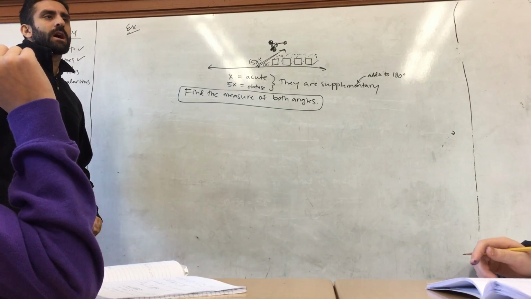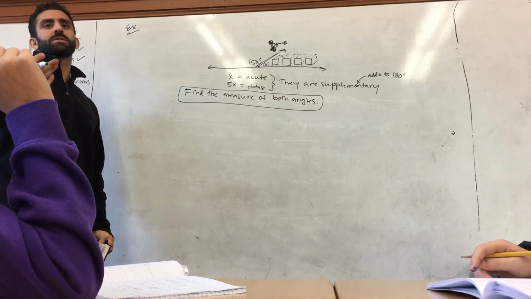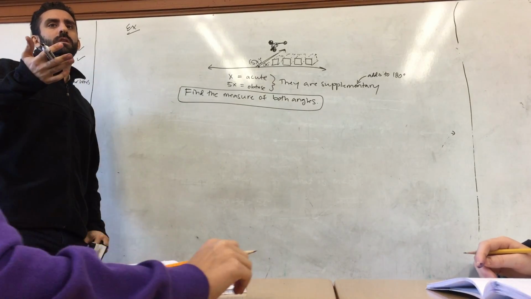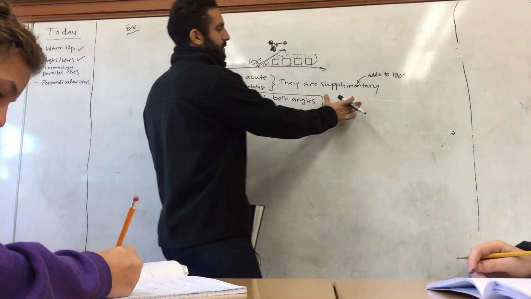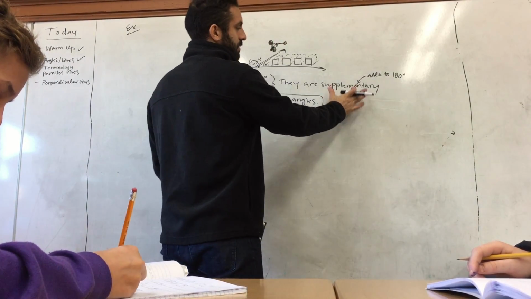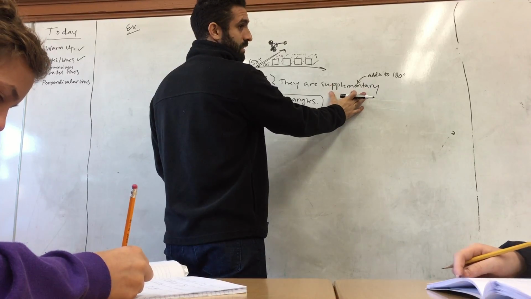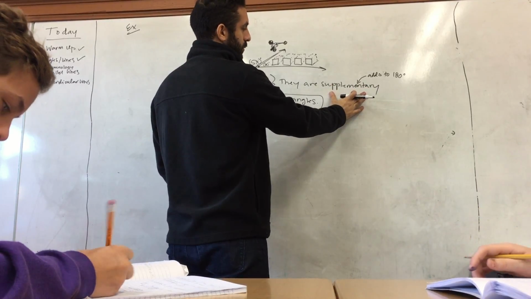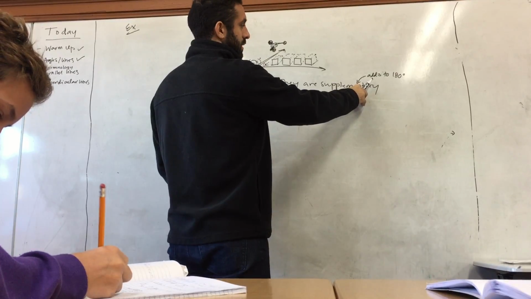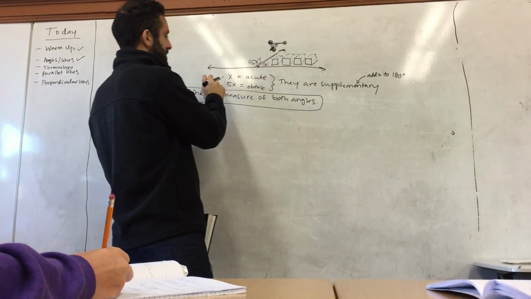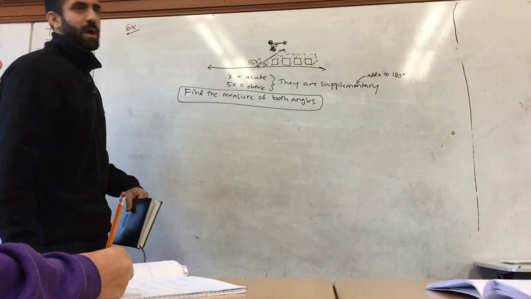How do you set this up? And what information do you need? Hold on, what do you have? Chige, what information is given here? It's written right here. Okay, if these two angles add up to 180, how do I represent that mathematically?